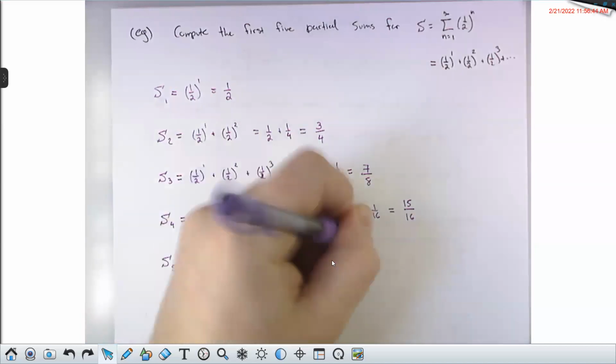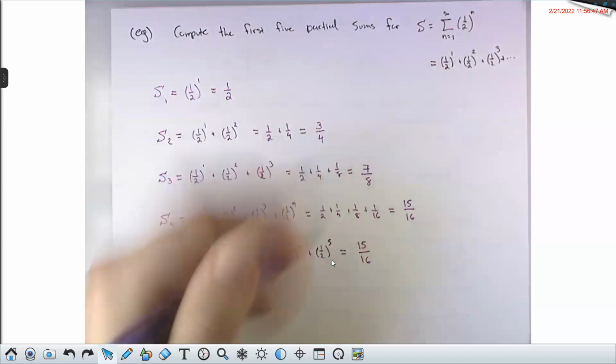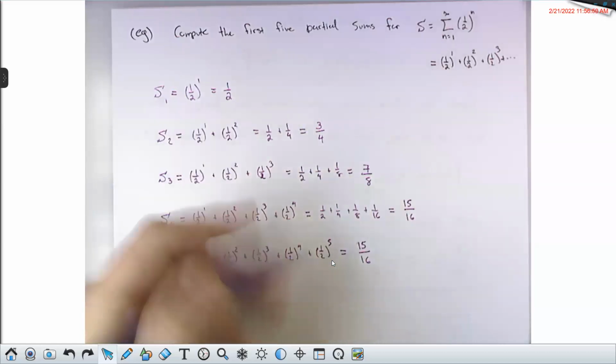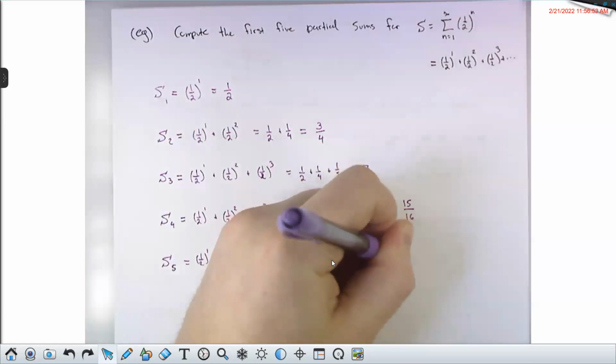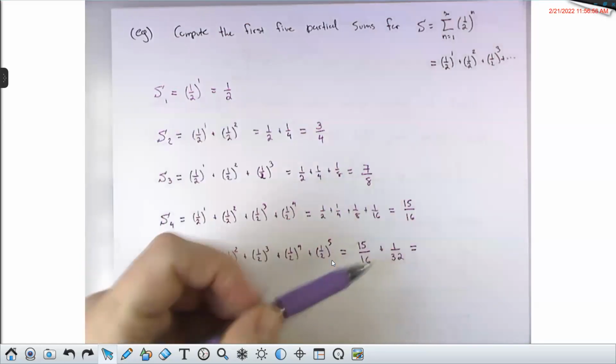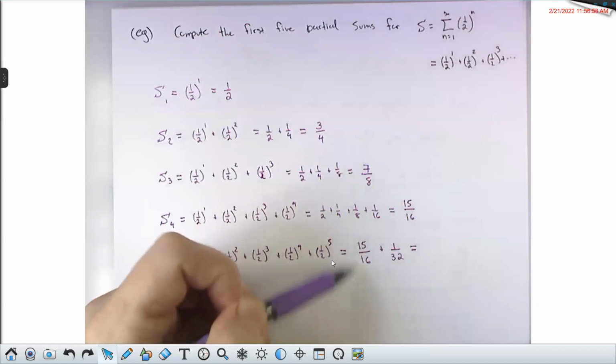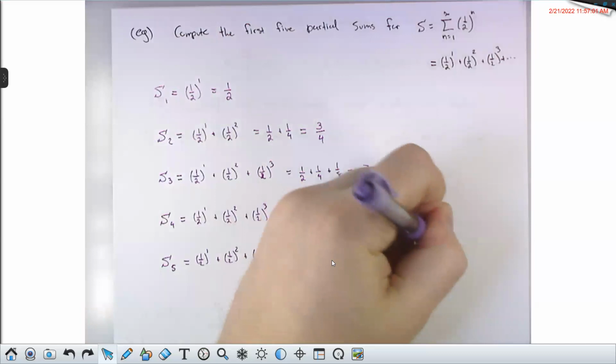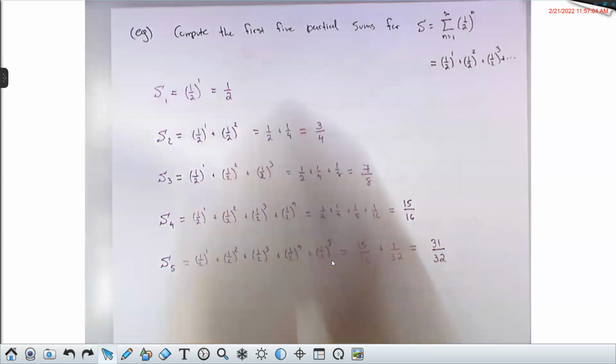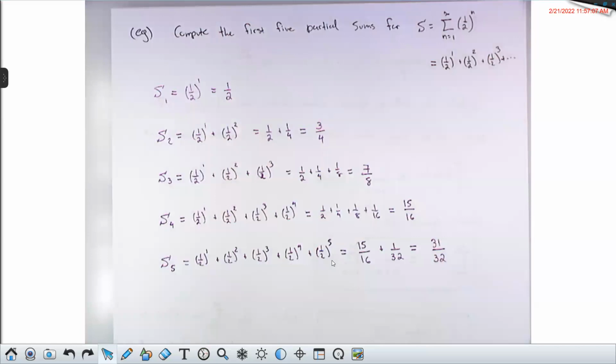So this is 15/16 plus just this last term, and 1/2 to the 5 is 1/32. Multiply by 2/2 here, and this will be 32, so that's 30 plus 1 is 31 thirty-seconds. All right, there it is. There are the first 5 partial sums for this series. Questions on this computation?